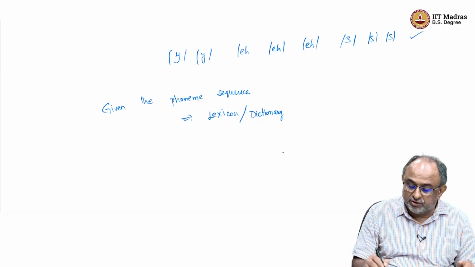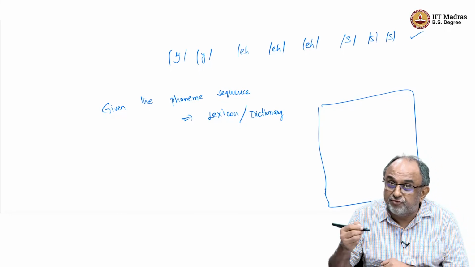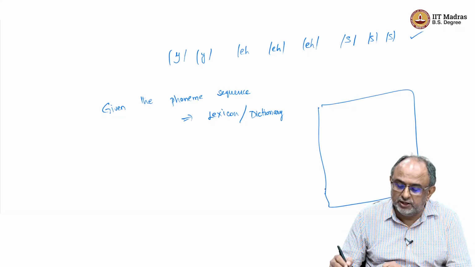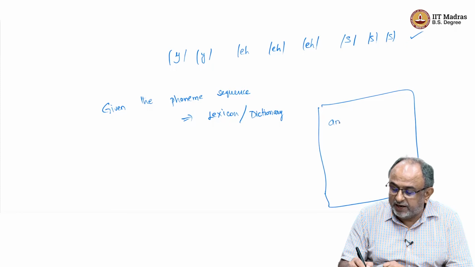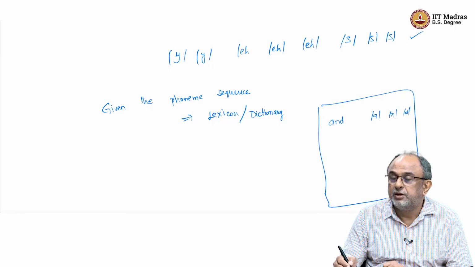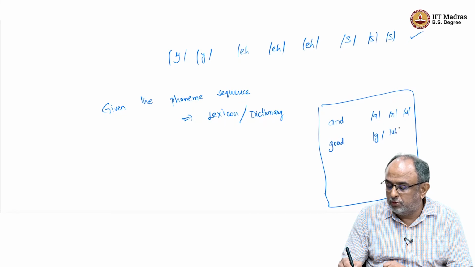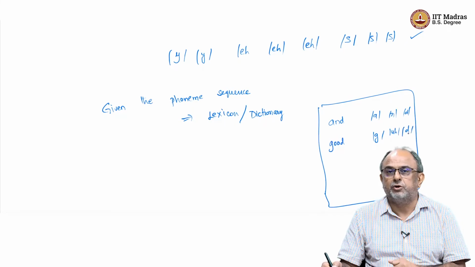This is nothing but a kind of mapping, which tells me for every word in that language its sounds. Let us say when I say "good", then it is g, u, d, something like that.